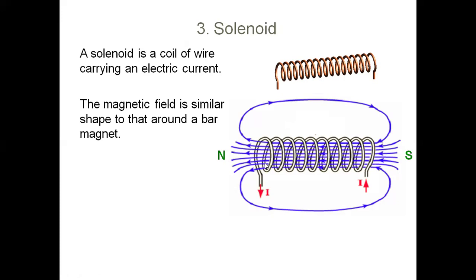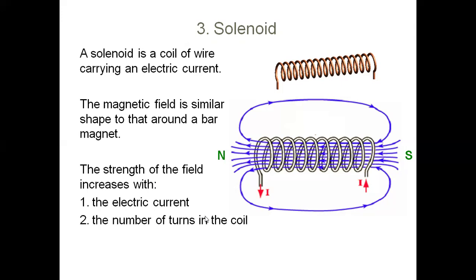And the field lines, as in a bar magnet we have seen earlier, come out of the north and enter the south pole. So this is the field pattern. Current is entering and current is leaving. There is a rule also: the strength of the field increases with the electric current and the number of turns in the coil.